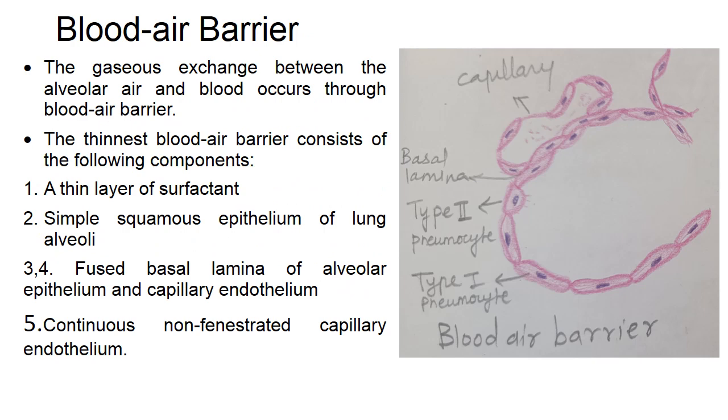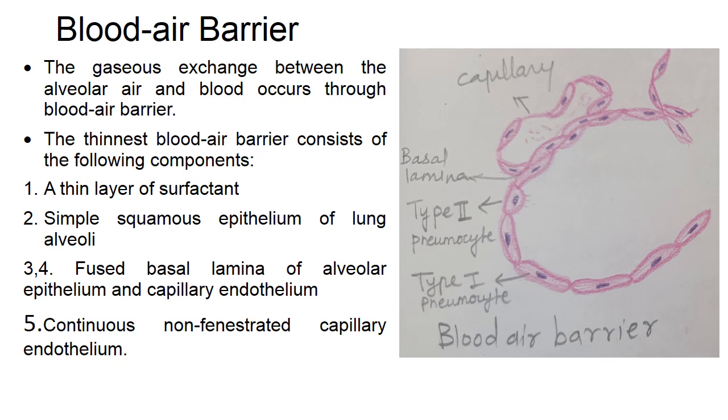Gaseous exchange between the alveolar air and blood occurs through blood-air barrier, and the thinnest blood-air barrier consists of the first is thin layer of surfactant, then we have simple squamous epithelium of lung alveoli, then the fused basal lamella from the inner aspect, the basal lamella of alveolar epithelium, on the other side the basal lamella of capillary endothelium.